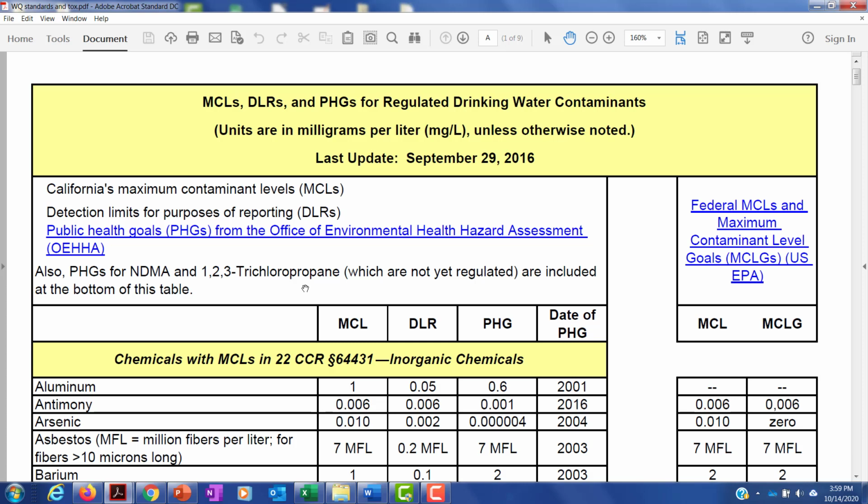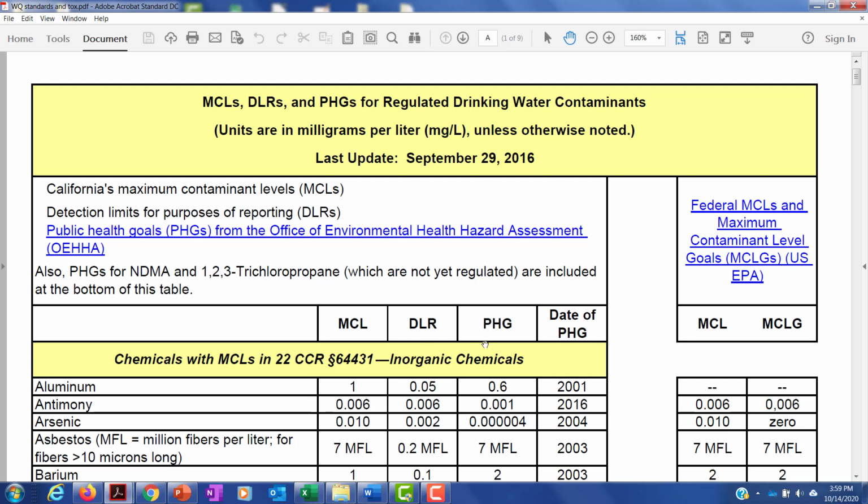That is the level at which the water can't contain that particular chemical above the maximum contaminant level without the water provider facing some penalties and having to do a corrective action. And almost most important is reporting out to the people drinking the water what's there.